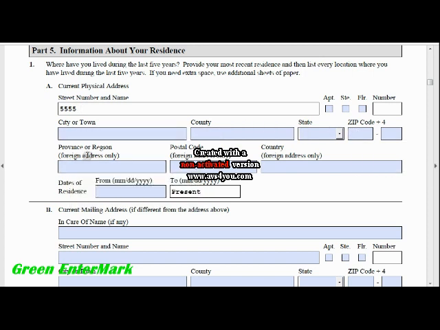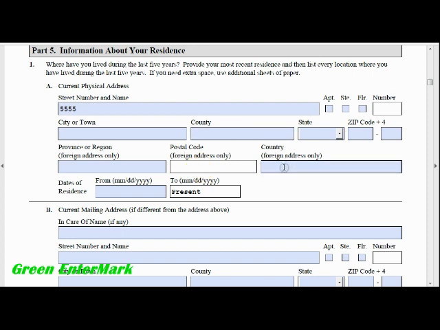If you lived outside the USA, you mention your province or region, postal code, or country, and the dates of your residence, from to present. This is the first one, so they write present, and you mention month, day, and year.